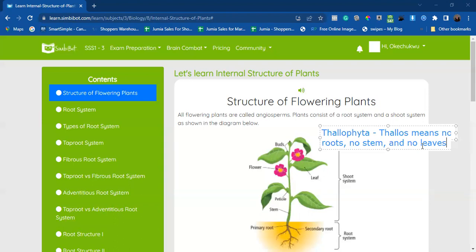This is simply because they lack what we call a vascular system. You can also call them non-vascular plants, because they don't have specialized organs that carry out the internal functions of plants. An example of talophytes is algae.